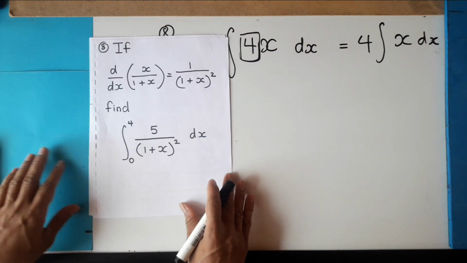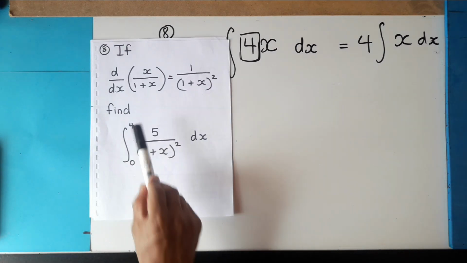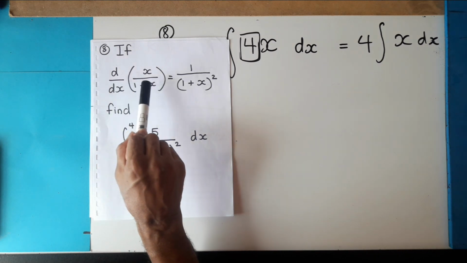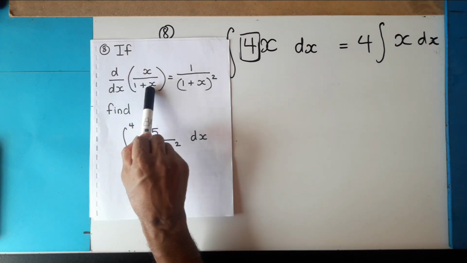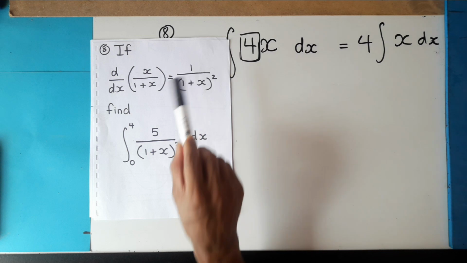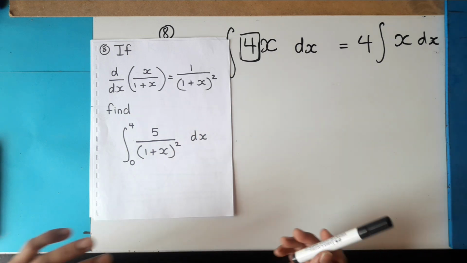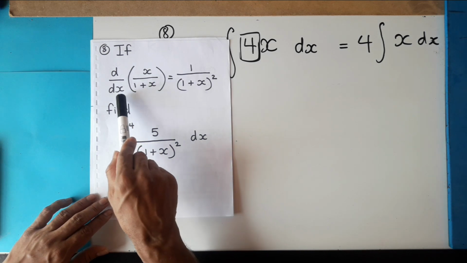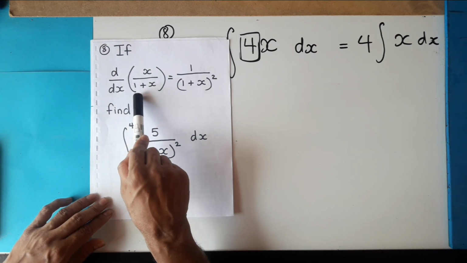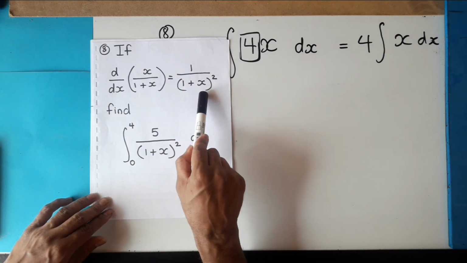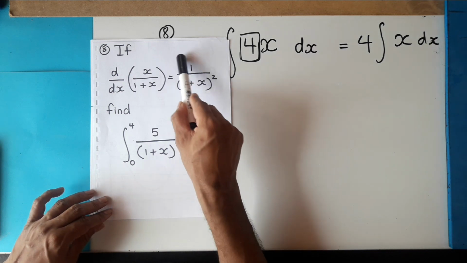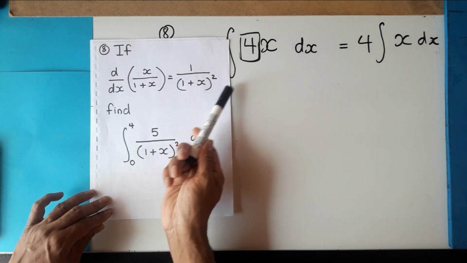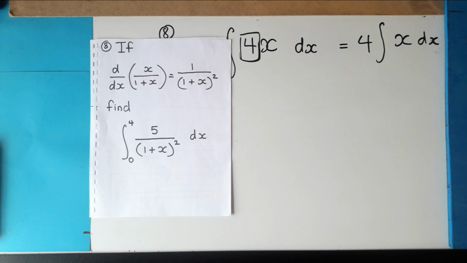Let's pull this into view here. So they tell you that if you differentiate this, you will get this answer. Now what you have to remember is integration and differentiation are like opposites. So that means if you differentiate this and you get this, that means if I integrate this, I should get back the original expression.